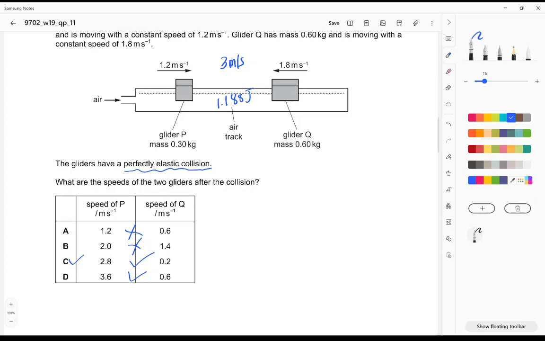Okay, I just made a mistake here, so I'm going to do the calculation again. I'm just going to do it directly: 0.5 multiplied by 0.3 multiplied by 2.8 squared plus 1 divided by 2 multiplied by 0.6 multiplied by.